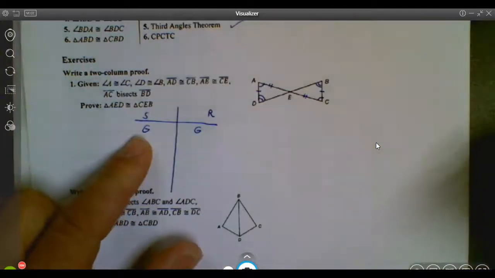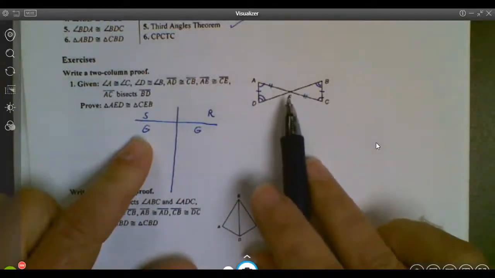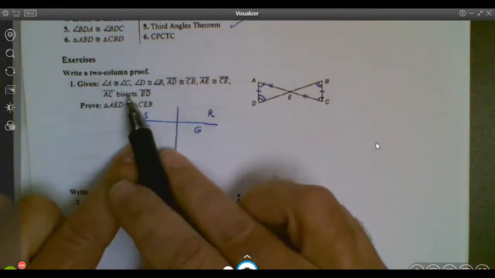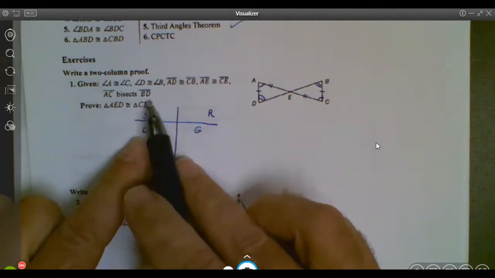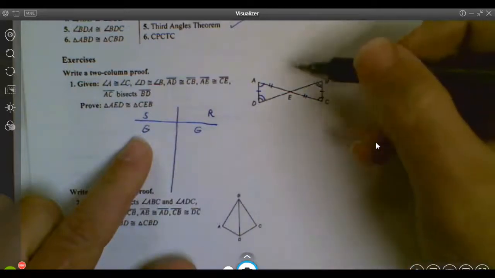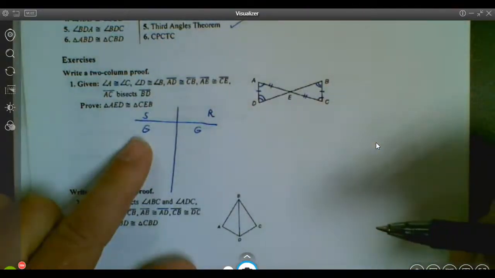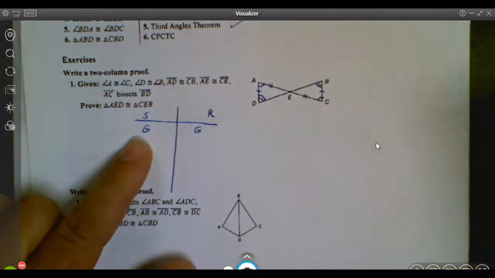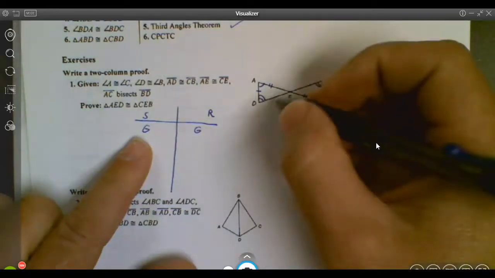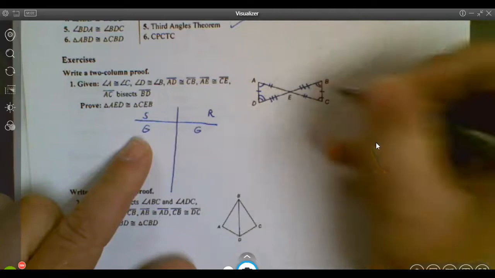So let's look. We've got a lot we can say here. I can pull in more information off of this. I can also pull more information off of this. So if AC bisects BD, so here's AC, it says that it is bisecting BD. In other words, BD is being cut into 2 congruent segments.